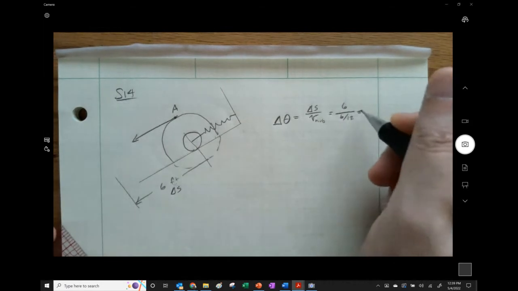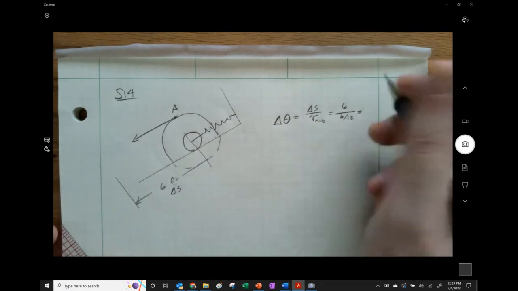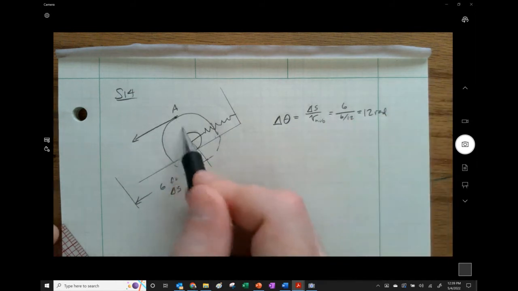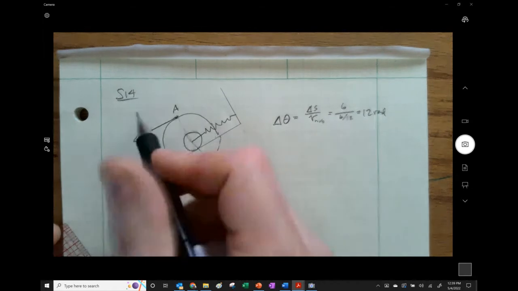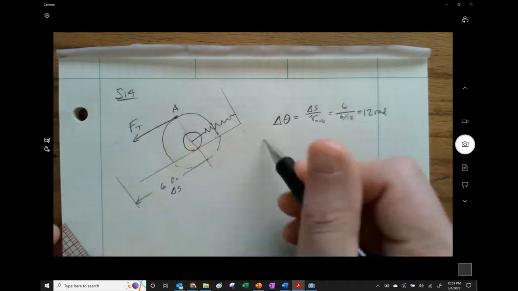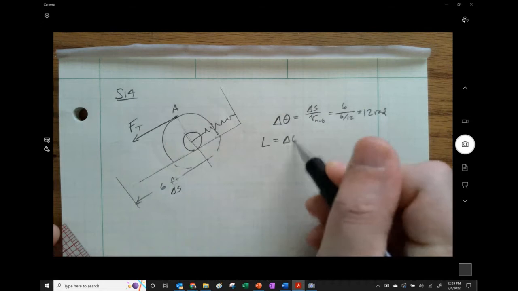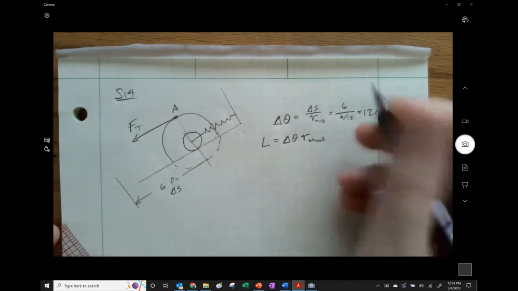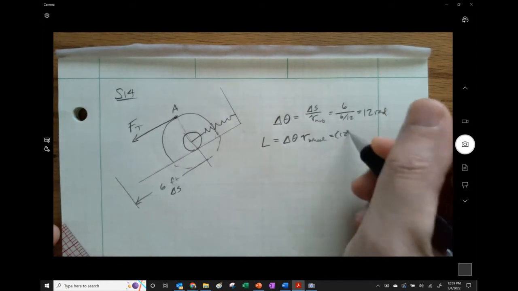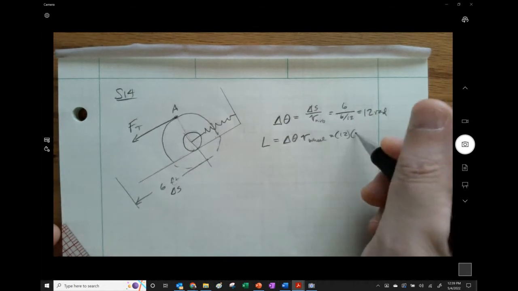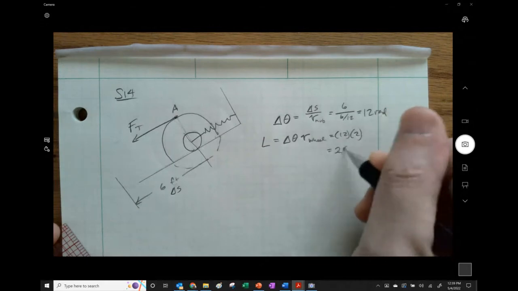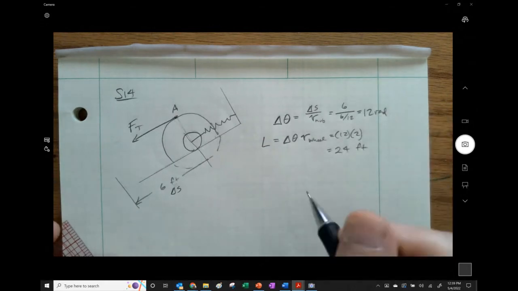So I think we're going to end up with 12 radians. And now we figure out, well, what's the length of the change of this right here? That should be delta theta times the radius of the big wheel, which I just called wheel. So 12 radians times 2 feet. So it was 24 feet. That's how much cable went out.